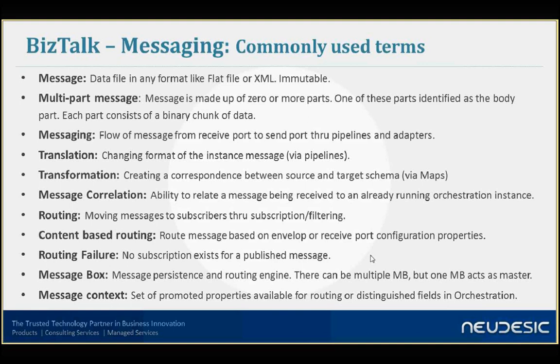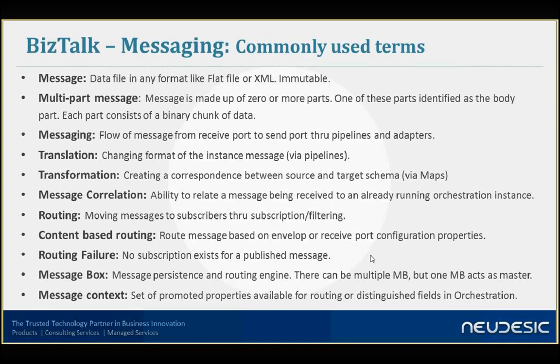Routing failure. If no subscription exists for a published message, then it can lead to a failure in routing. The message box is the message persistence and routing engine for BizTalk, and we can have multiple message boxes, but one message box acts as the master.